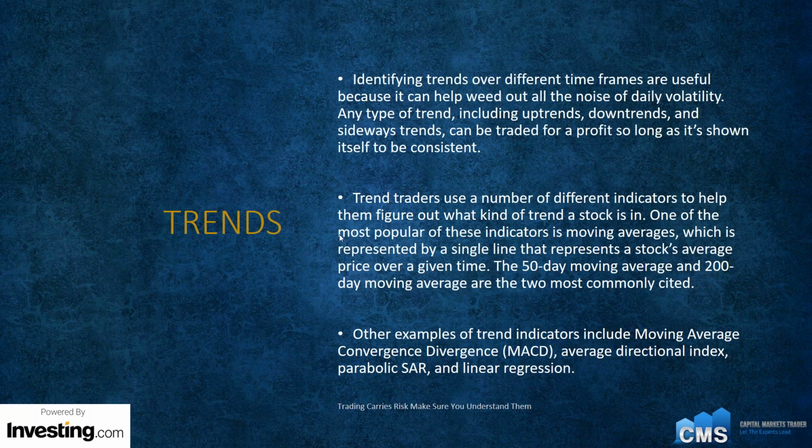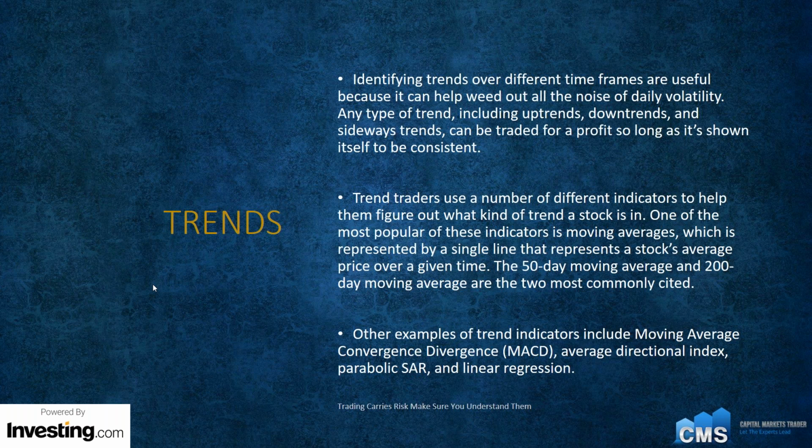Okay. Trend traders use a number of different indicators to help them figure out what kind of trend an asset is in. One of the most popular of these indicators is moving averages, which is represented by a single line that shows an asset's average price over a given period of time.